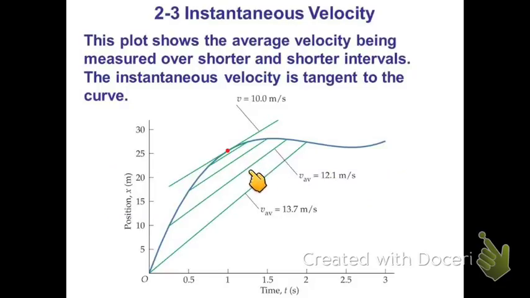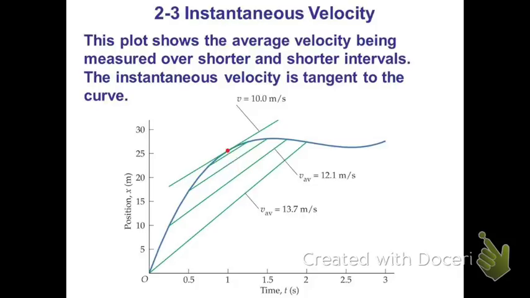The instantaneous velocity can be best explained by using the position versus time graph. Suppose we have an object moving in time and in x direction, having this trajectory, and we want to get its instantaneous velocity right when time t is equal to 1 second, right here, this red point.